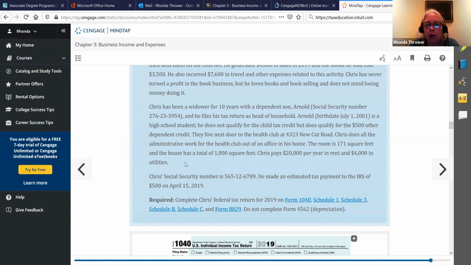The other thing that they had listed down here is Chris's social security number, and that he made a tax payment to the IRS of $500 on April 15th of 2019.